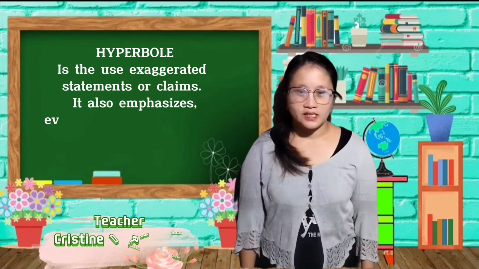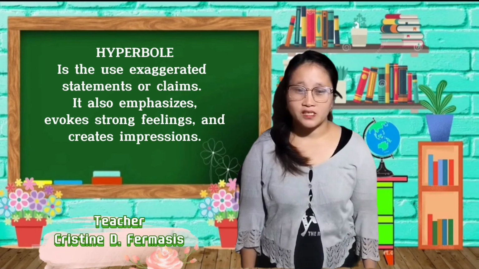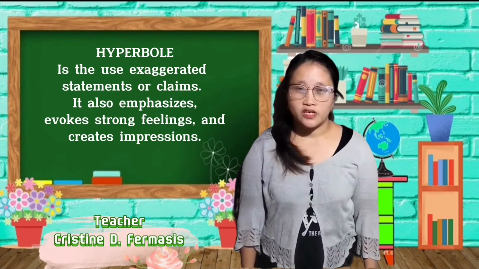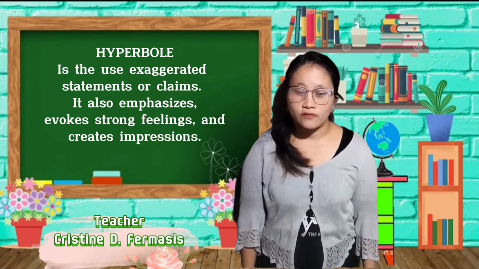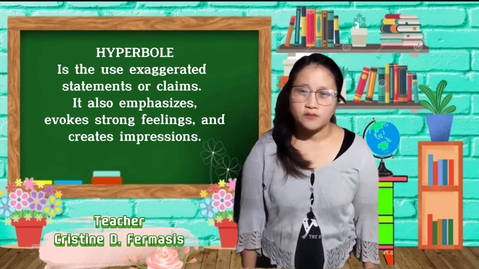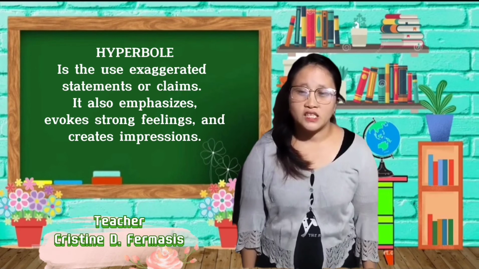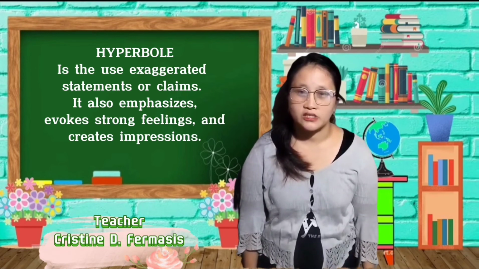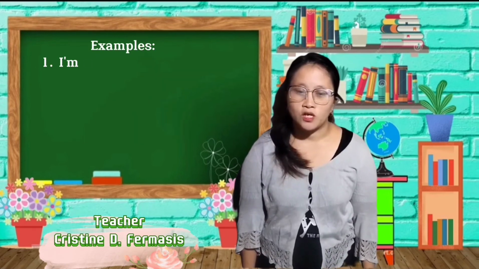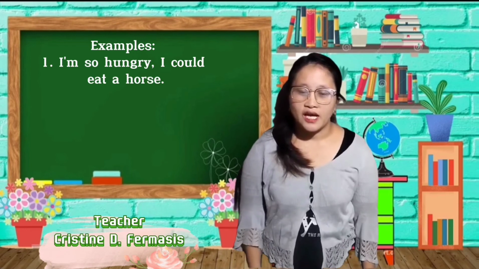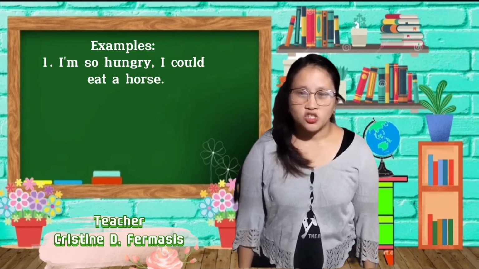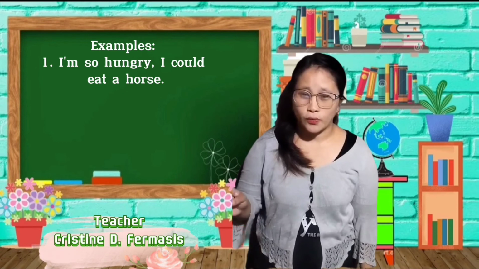Hyperbole is the use of exaggerated statements or claims. It also emphasizes, evokes strong feelings, and creates impressions. As a figure of speech, it is usually not meant to be taken literally. For example, I'm so hungry, I could eat a horse. No one can eat a whole horse, right?